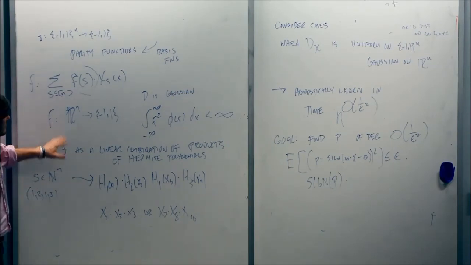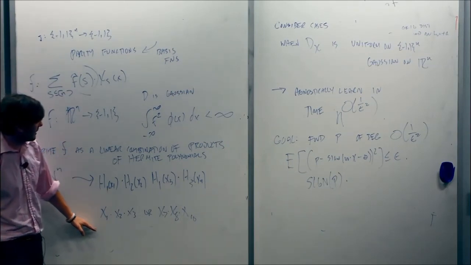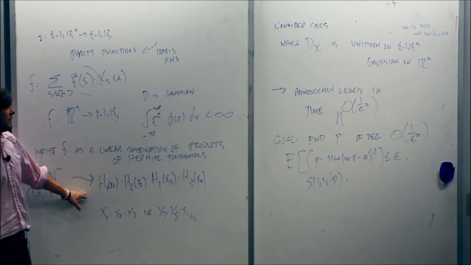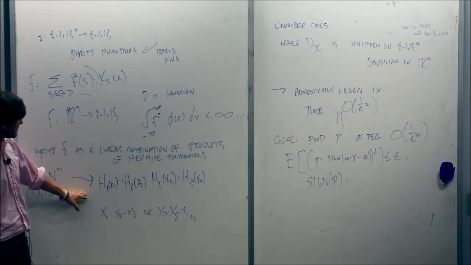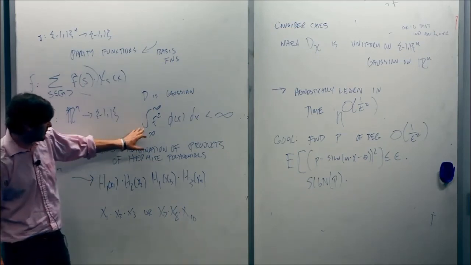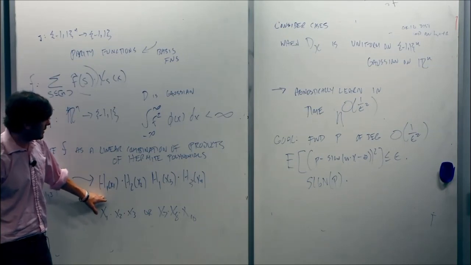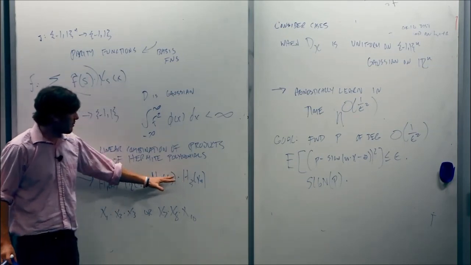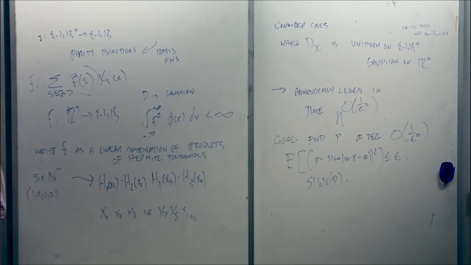Right. So the analogy I'm just trying to make is that over the hypercube you can write every function as some linear combination of these monomials. With respect to the Gaussian measure in Rn, you can write every function that's bounded this way as some infinite linear combination of products of Hermite polynomials.